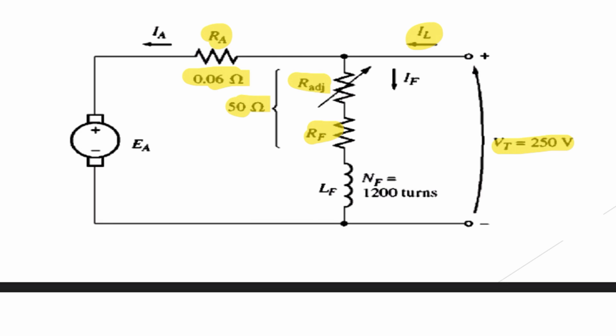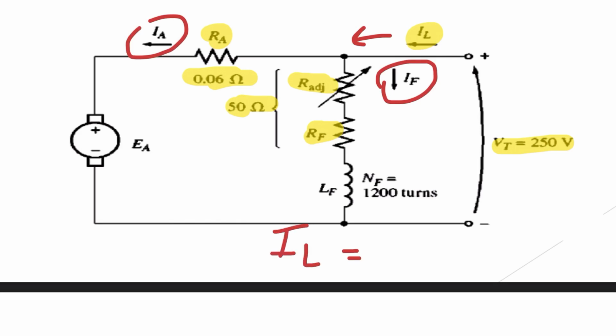So IL will divide into both IA and IF. So IL will equal IA plus IF.